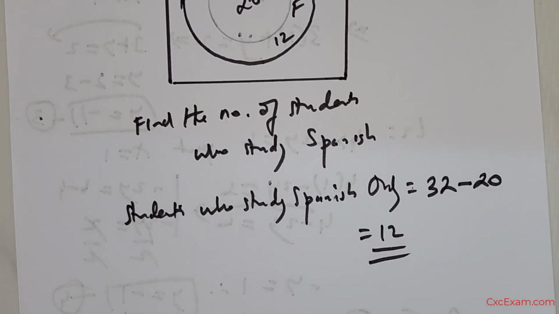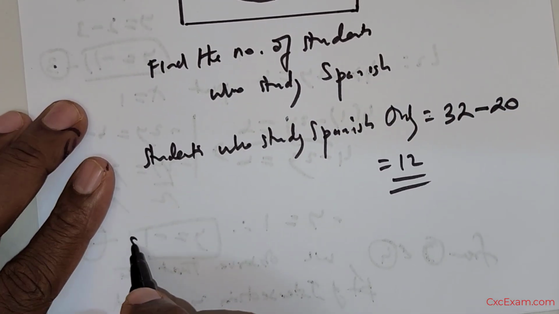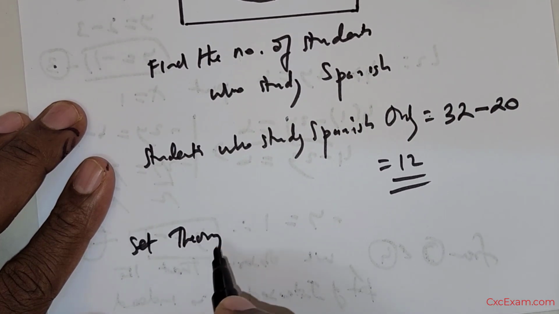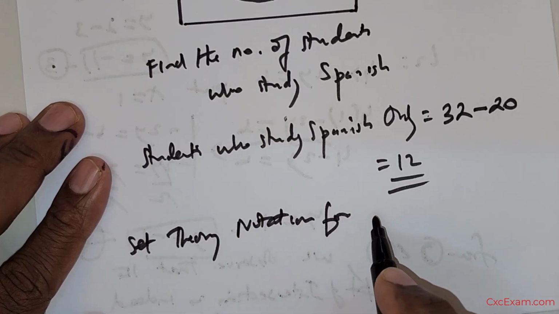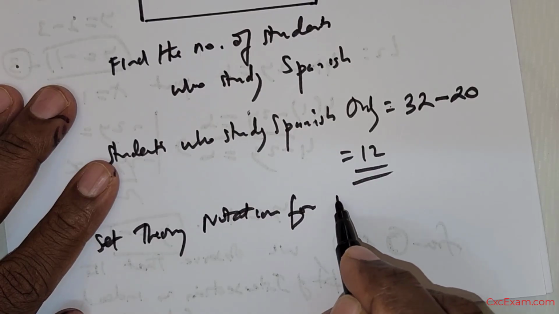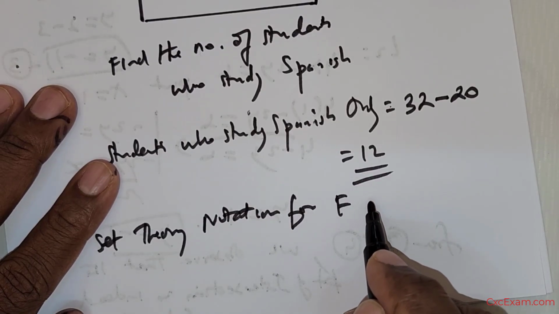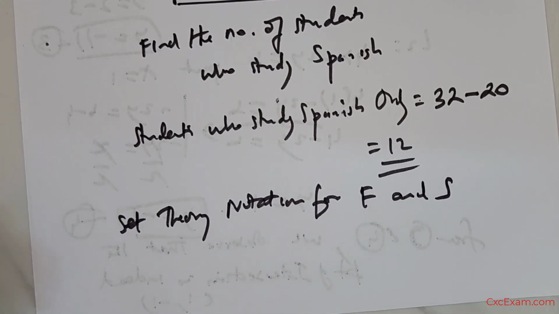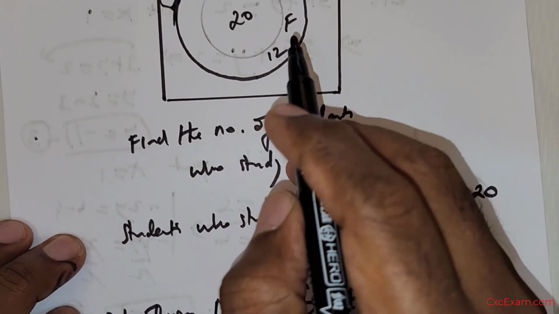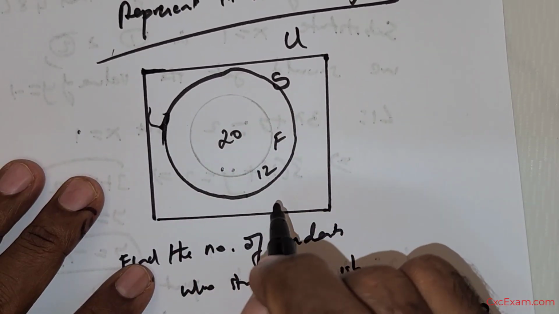Now there is one more part in this question. See, write the set theory notation for F and S. So what do you think the notation would look like? For this you have to go see this figure.